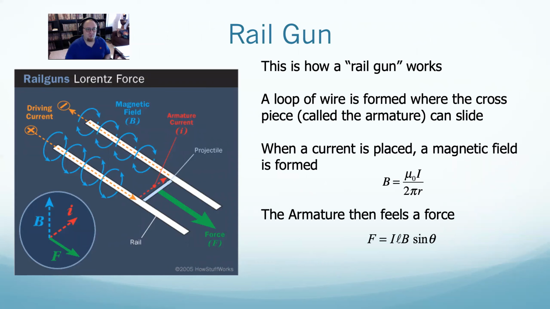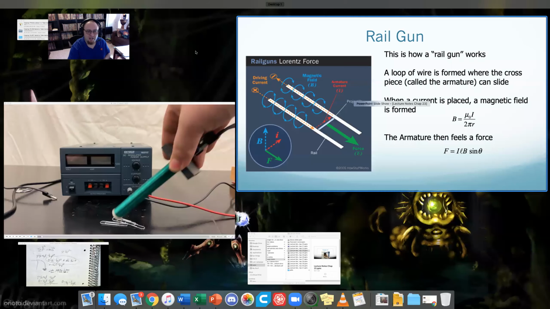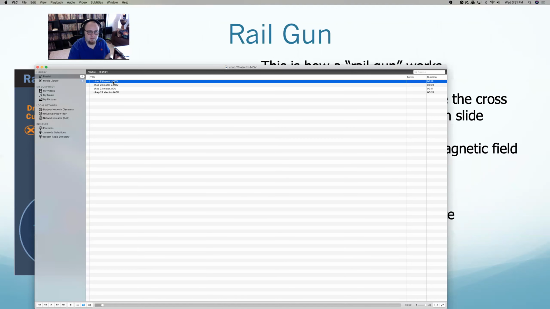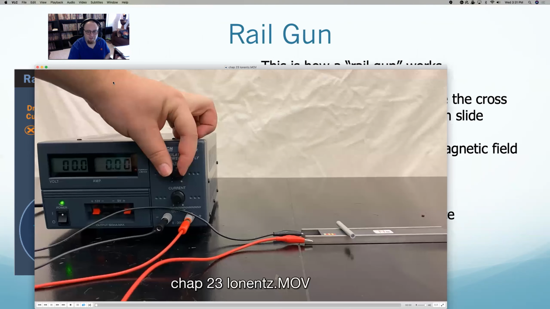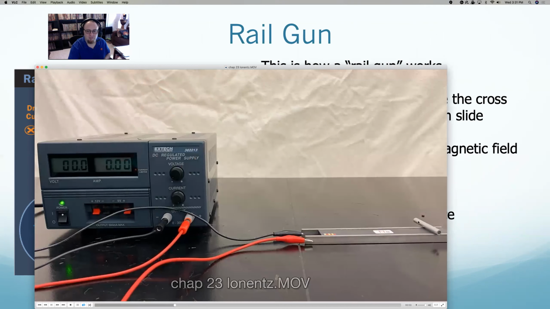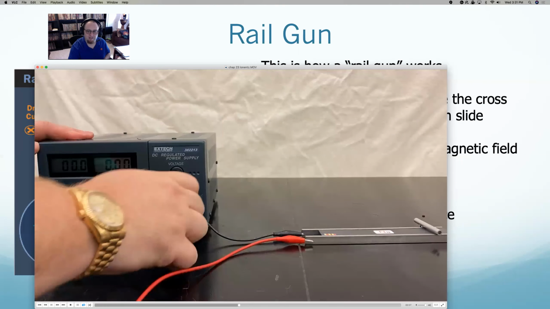A railgun, which is used to fire projectiles really fast, is just a loop of wire with two wires and a piece that can move in between. Kind of like this guy here. A railgun is basically that, but the piece that moves is stuck between the rails instead of on top of them.